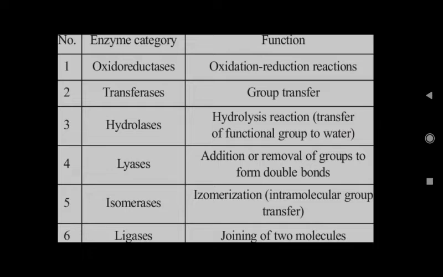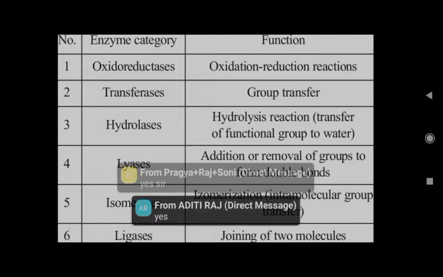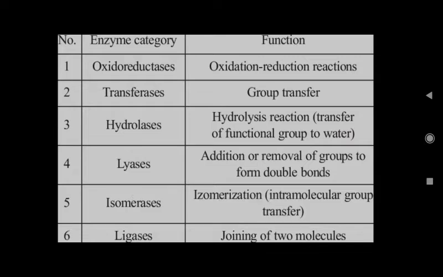And finally, the last group is the ligase. Ligase is where the union of two molecules takes place. For example, you can correlate with the example we did in the C3 pathway, where RUBP carboxylase catalyzed the joining of RUBP, ribulose 1,5-bisphosphate, along with carbon dioxide to form PGA.